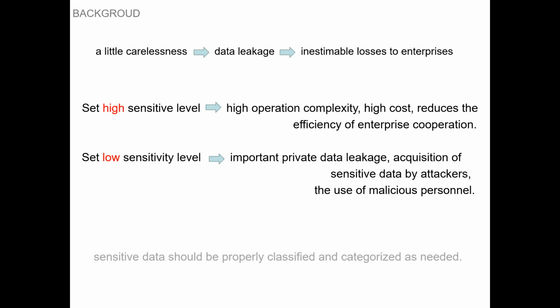However, if all data is set to a low sensitivity level, the leakage of important private data will lead to the acquisition of sensitive data by attackers or the use of it by malicious personnel to engage in business transactions and steal personal privacy, which will cause unpredictable losses to the interests of enterprises and employees. Therefore, sensitive data should be properly classified and categorized as needed.